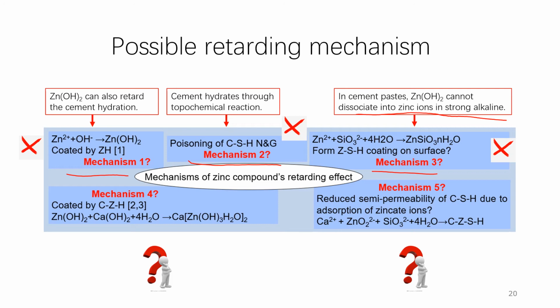Now, the most widely accepted mechanism for the retarding effect of the zinc compounds may be the fourth one, and actually we also have a fifth one, that is the reduced semi-permeability of CSH due to absorption of zincate ions. Which one is the probable one, we will see later.